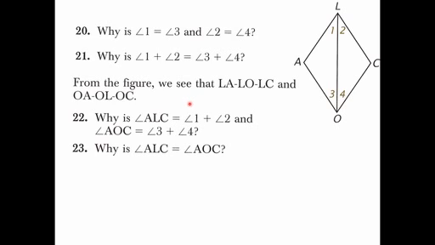Next, why are angle ALC and angle AOC equal? So ALC, we're looking at this angle up here, equal to AOC down here. Now they're asking about the two triangles.